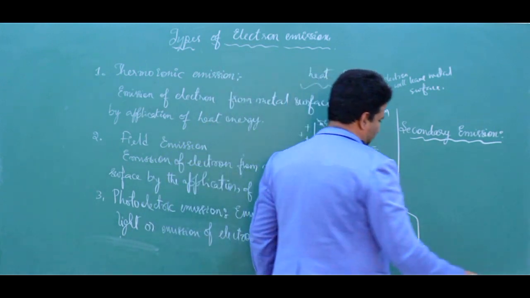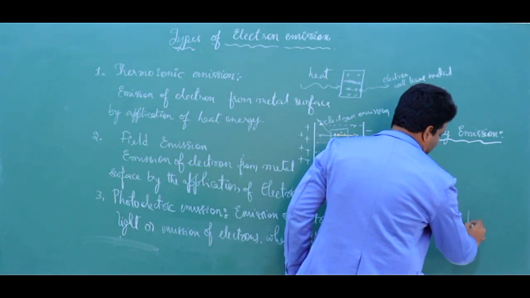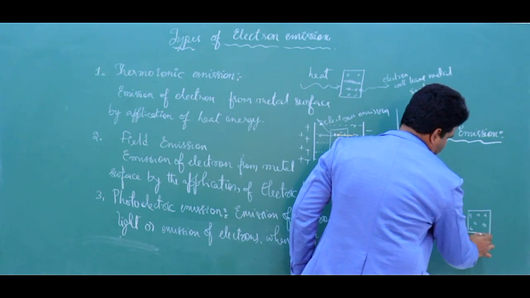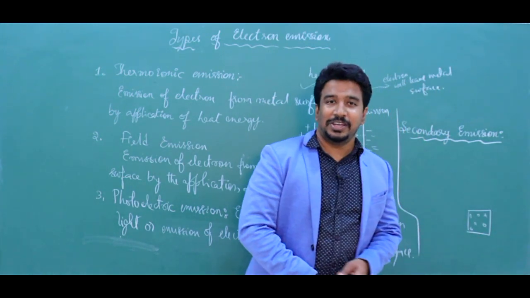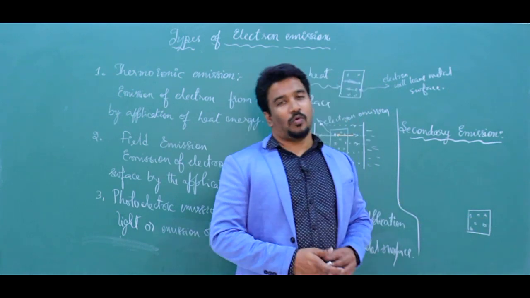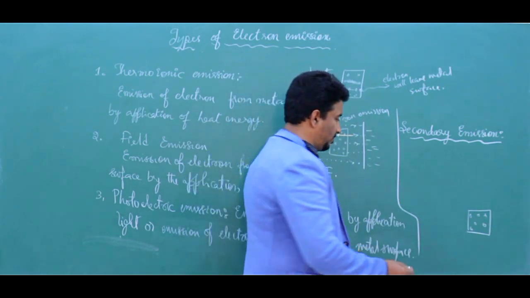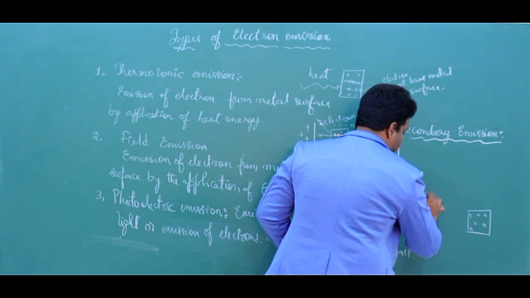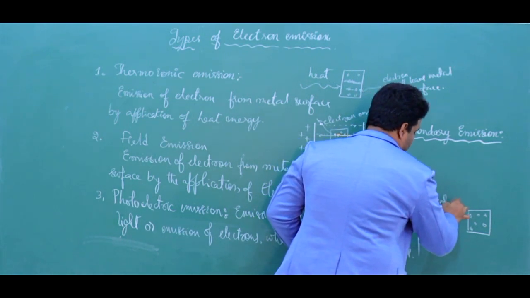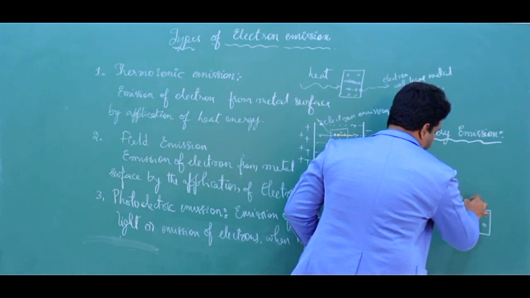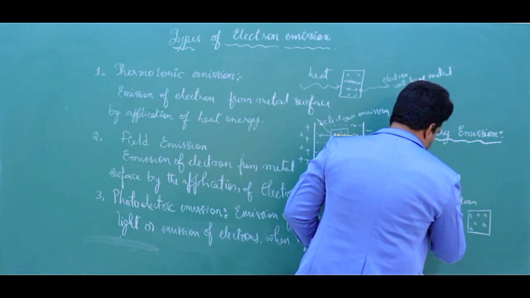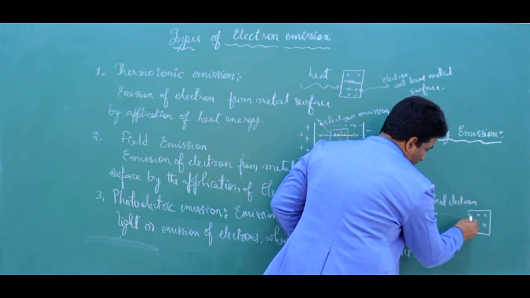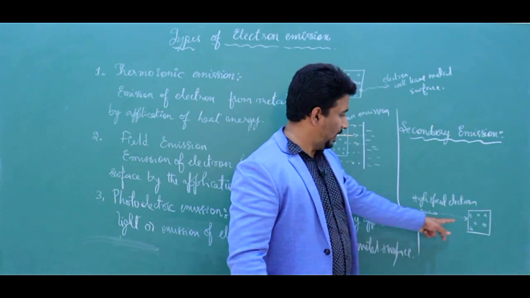Look here. There is a metal surface, and these are the free electrons. They are actually moving freely inside the volume of the conductor. Now what happens when a high speed electron comes here and collides on the surface?